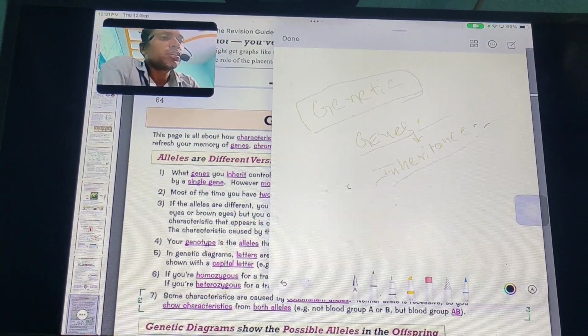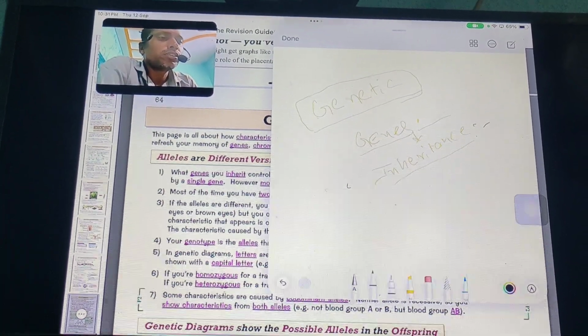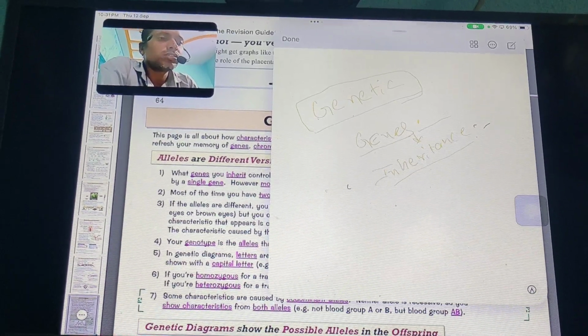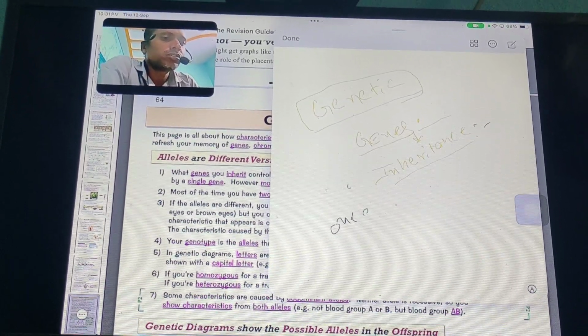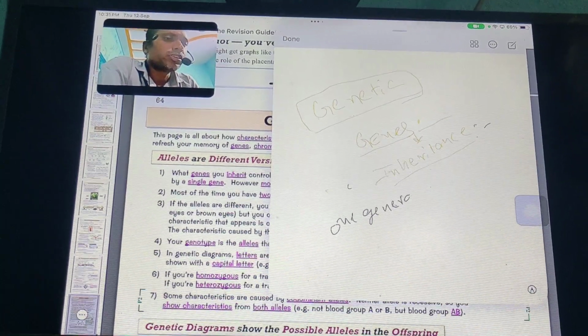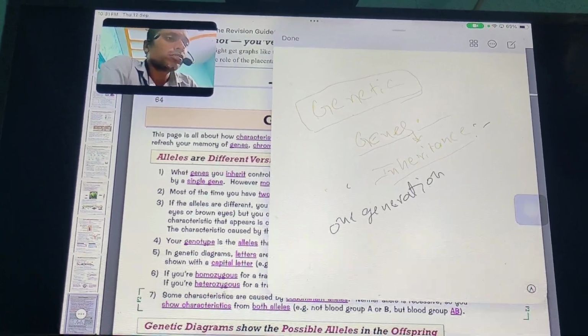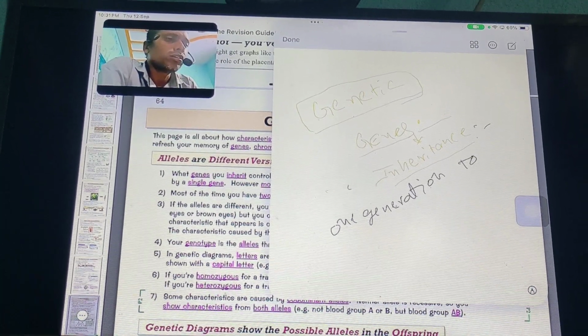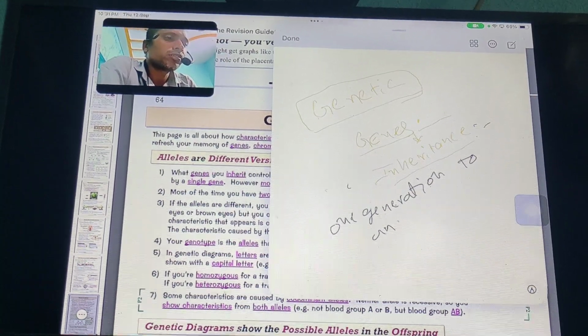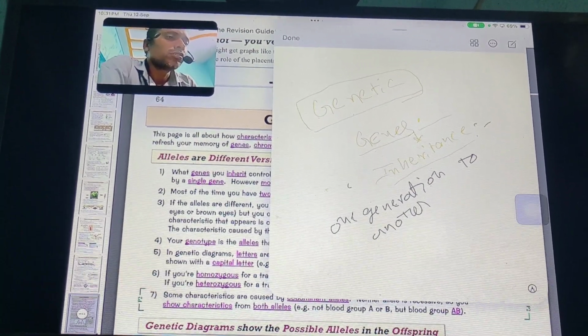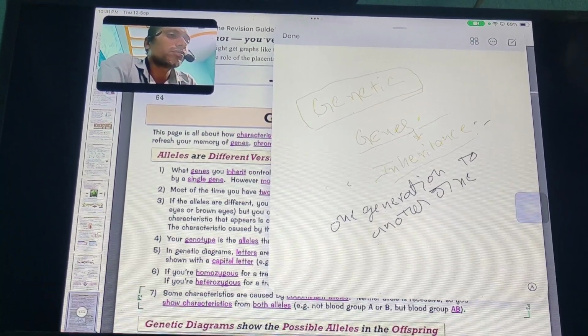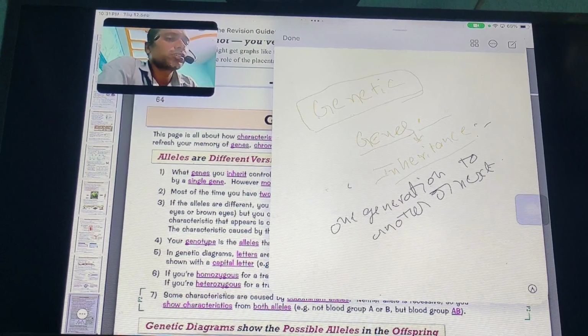Inheritance means the passing of genes from one generation to the next generation.